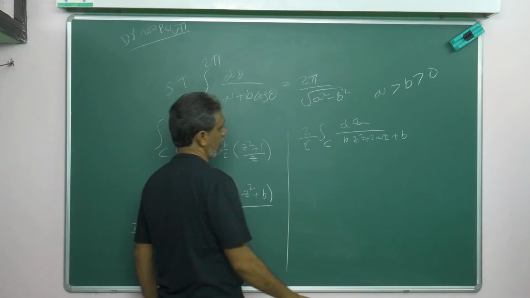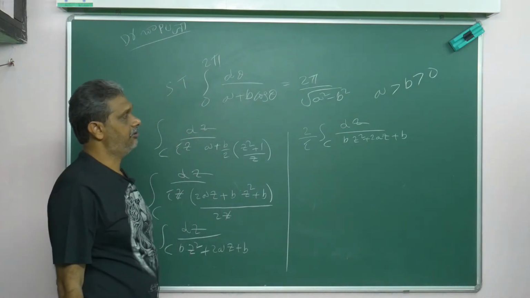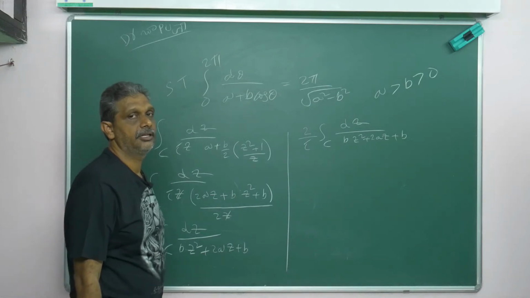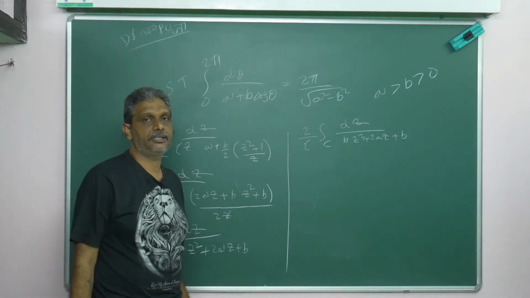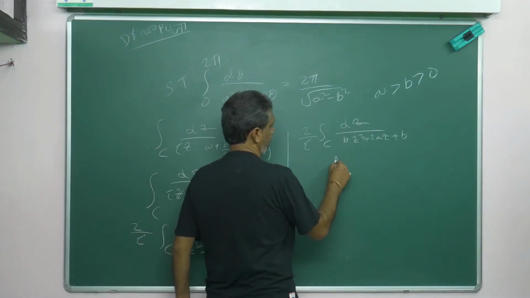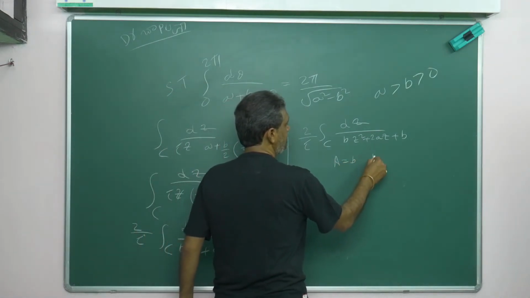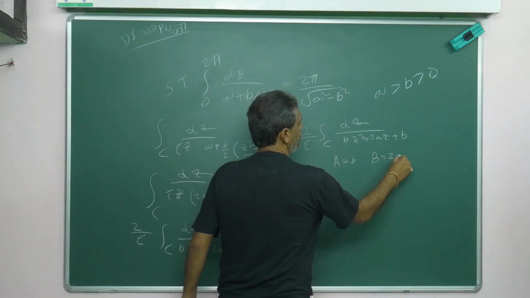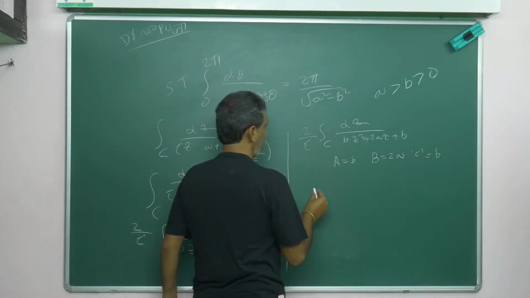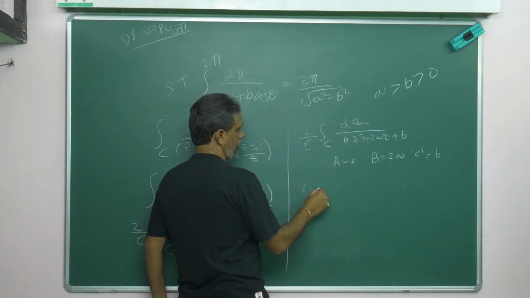See here I am not able to directly factorize. I can use the quadratic formula. Ax square plus bx plus c means what? Roots are minus b plus or minus root of b square minus 4ac, by 2a. Here who is my a actually? b. Who is my b? 2a. Who is my c? Capital B. Now here z is equal to, how can I write?